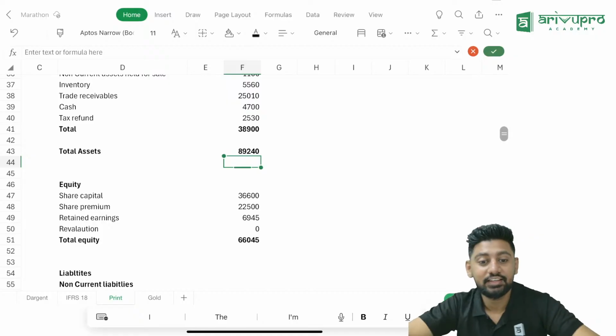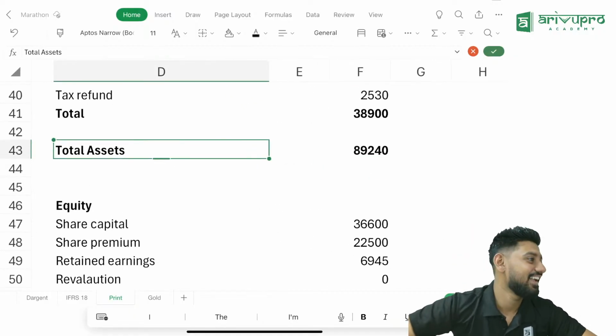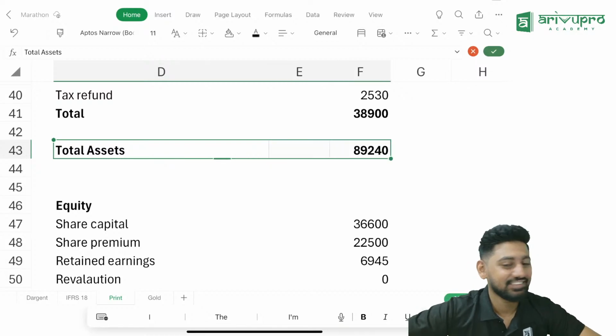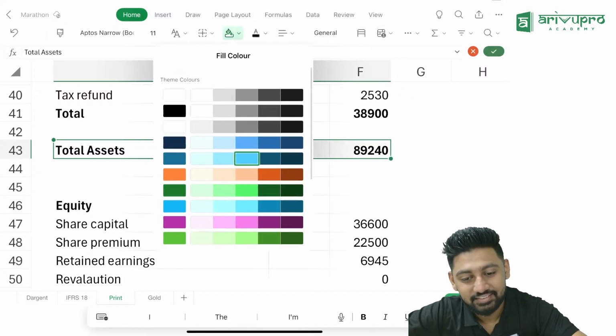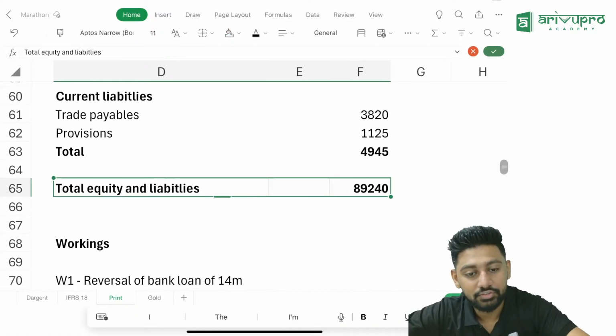Does it balance? It is balancing, and it will always balance. So there you go, we have entirely worked through this question together.